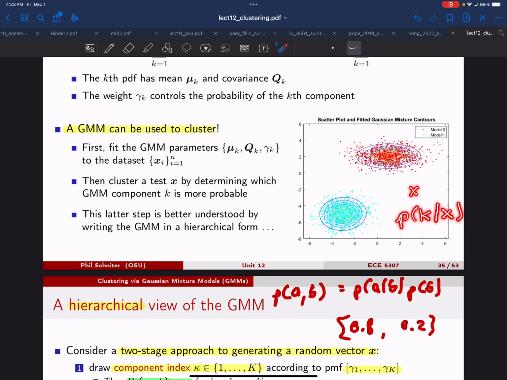That will tell you the probability that it comes from here versus here. That is exactly what we need to do for clustering. We just need to compute those capital K probabilities, and that is our soft clustering. And once we know the probabilities, if you really want a hard clustering, you can just pick the index of the largest one. Say, that's my best guess.